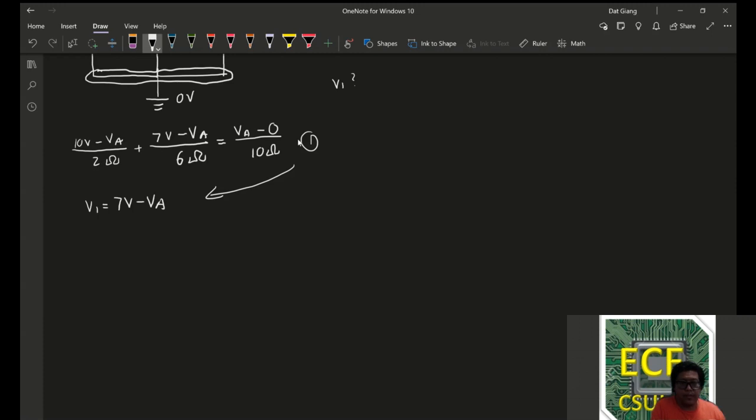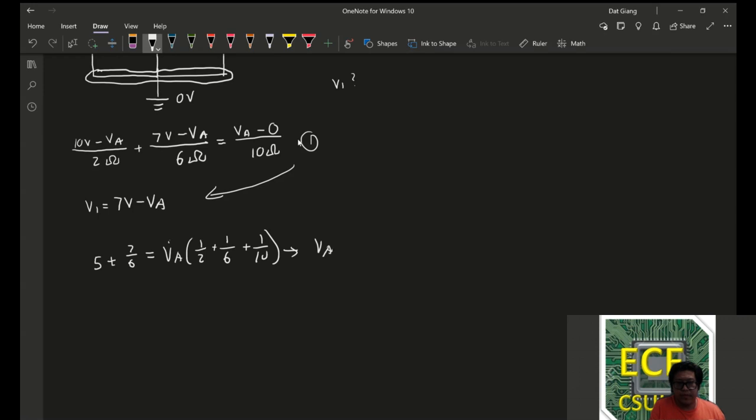So let us do that. I'm going to simplify very quickly. So we're going to have 5 plus 7 over 6 equal to VA times (1/2 plus 1/6 plus 1/10).